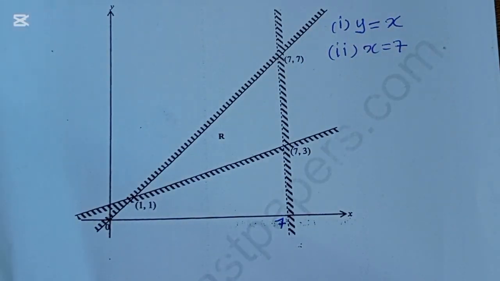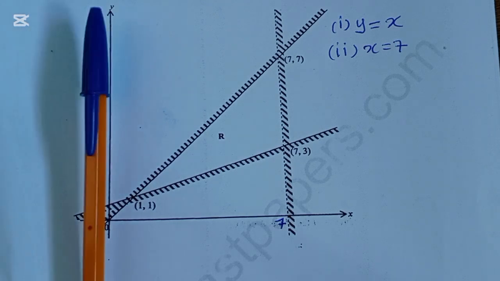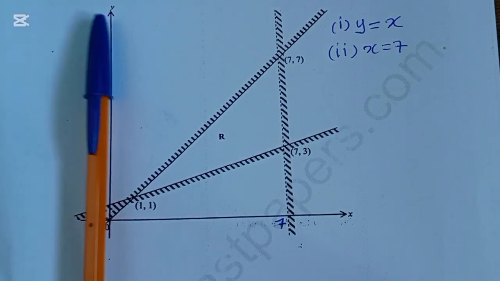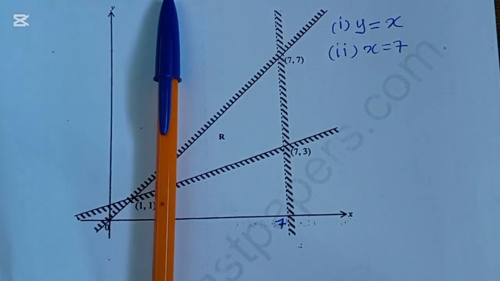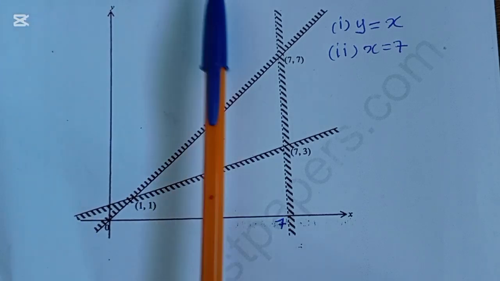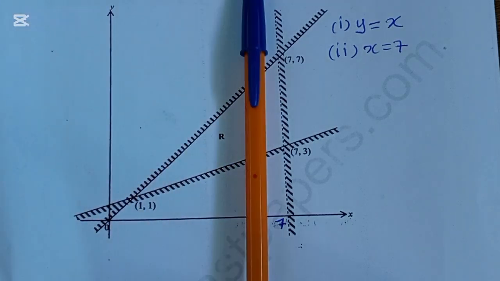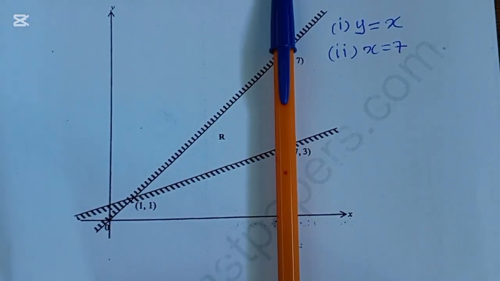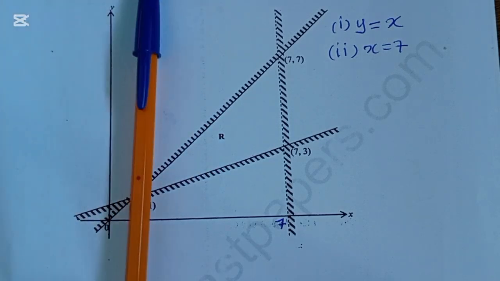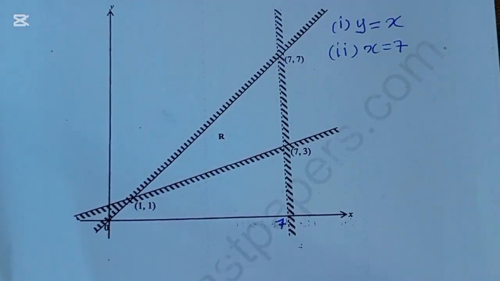So remember that this is x is equal to 0, x is equal to 1, x is equal to 2, x is equal to 3, x is equal to 4, x is equal to 5, x is equal to 6, x is equal to 7. So these lines, they are x lines.